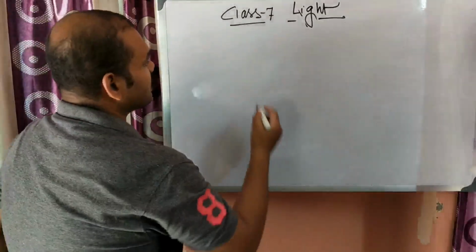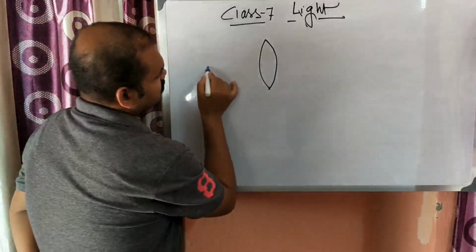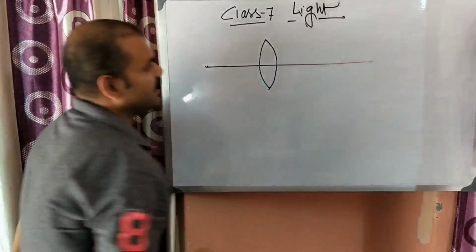So let us see in case of convex lens. What is a convex lens? Two surfaces are convex. Suppose this is the principal axis.